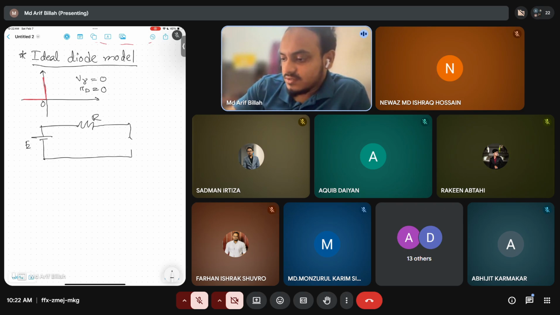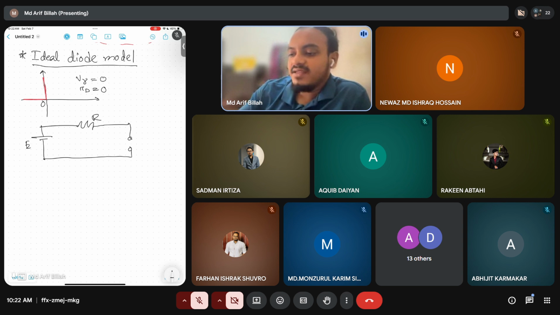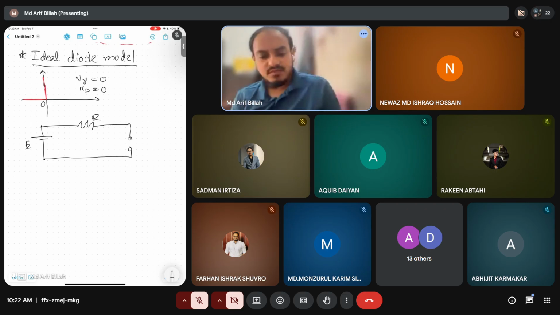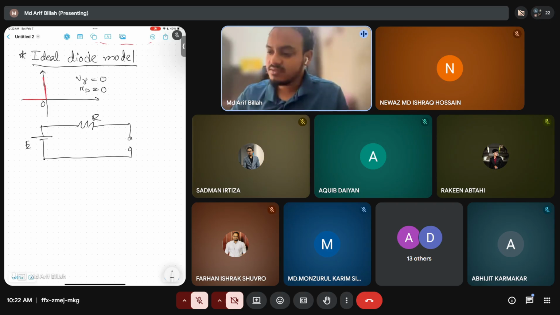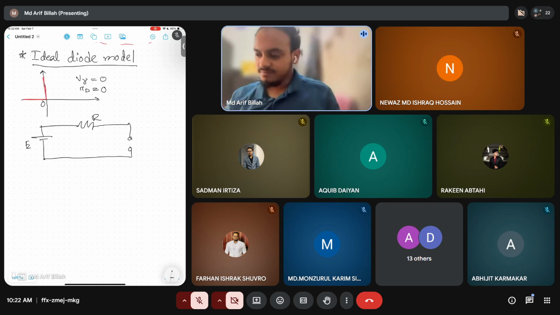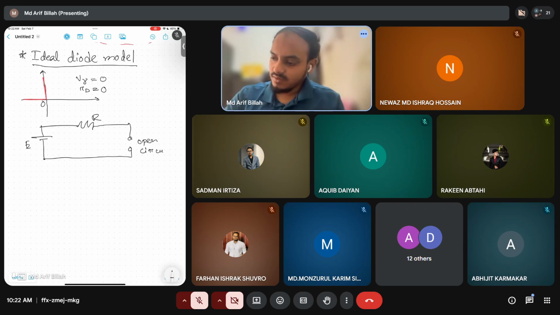There is no voltage and no resistance, so it's an open circuit. Hmm? It becomes an open circuit. There's nothing. So this ideal diode model is actually not very useful in most cases. But this is something you can assume. Wherever you put a diode, it's a short circuit.